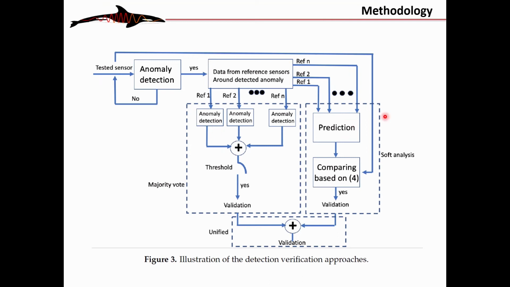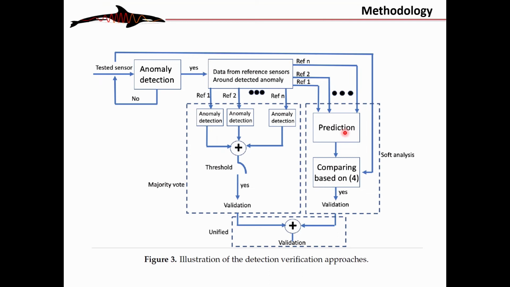The other way is to use the reference sensors in order to predict what would be the data from the sensor that we are now testing, okay? So if there is a relation between barometric pressure and the conductivity pressure to temperature, we can use that data in order to predict what would be the data on the tested sensor.